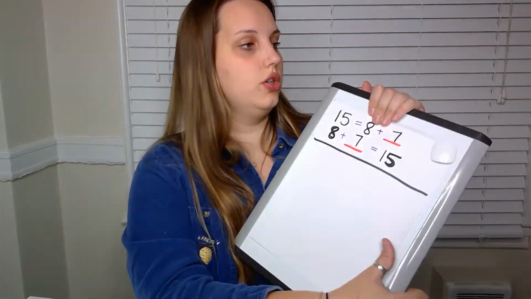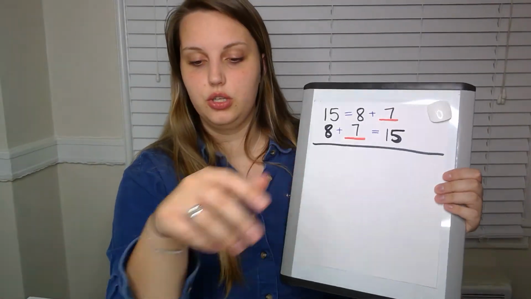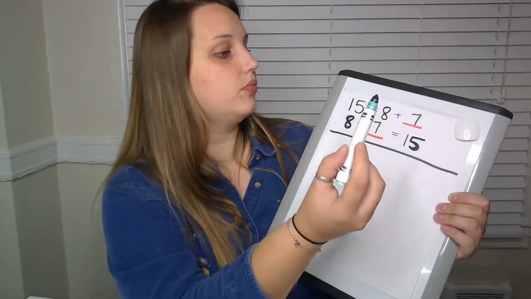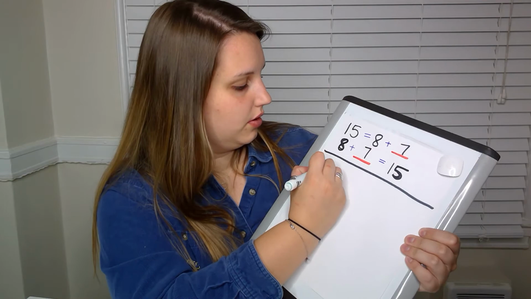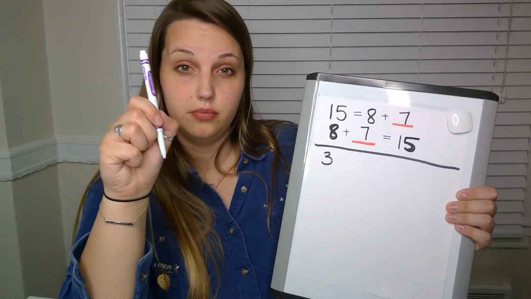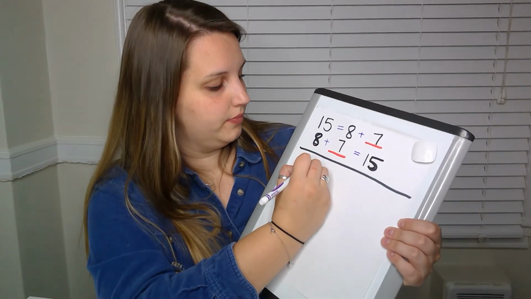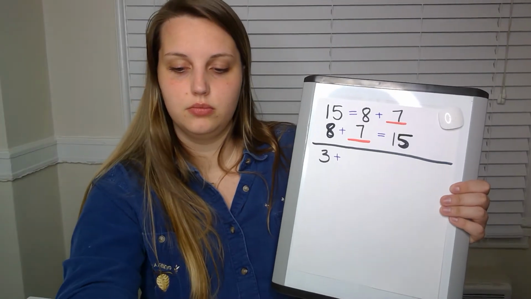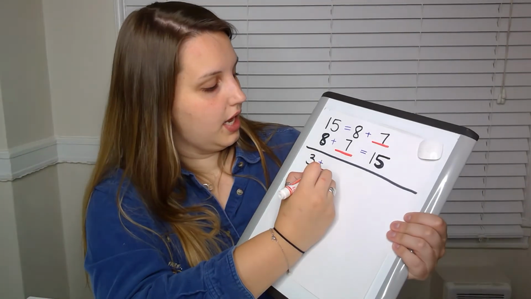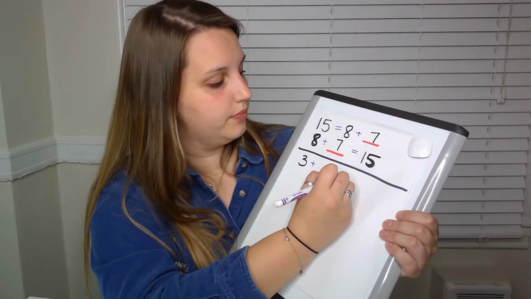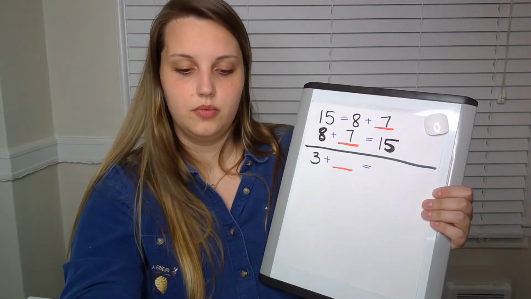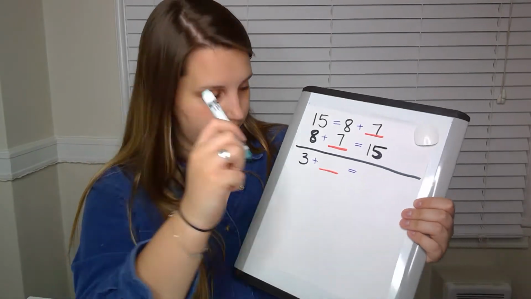So let's start with 3 as our first numeral in our number sentence. The addend that we know is 3. 3 plus missing addend equals, our sum is 15.